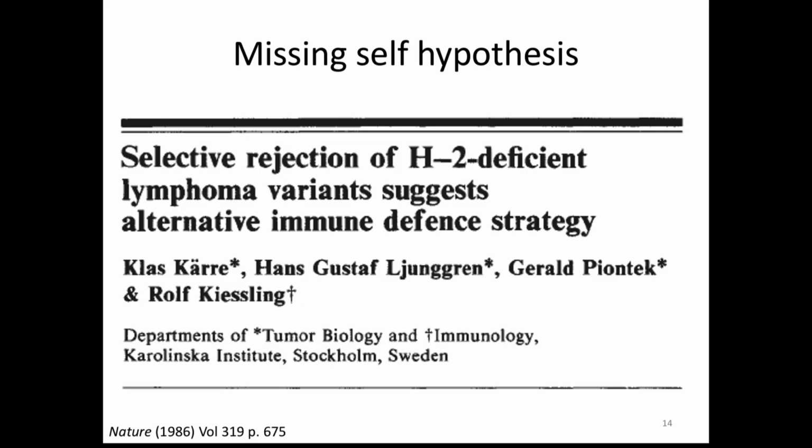The missing self hypothesis is basically that there is some kind of immune response that detects missing MHC, the missing self. So if MHC is missing, you have a way to detect that missing self. So it's not just that we're looking for self versus non-self, missing self.